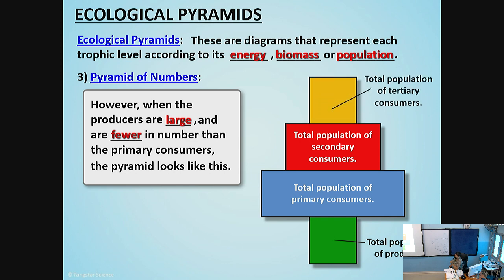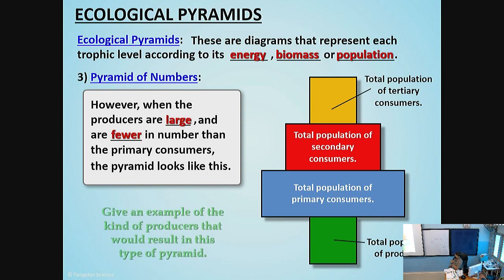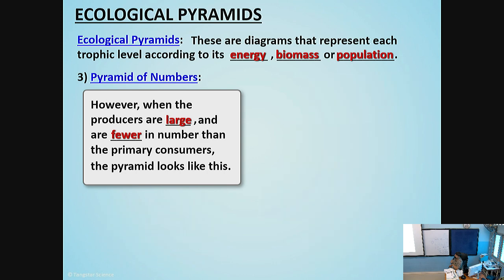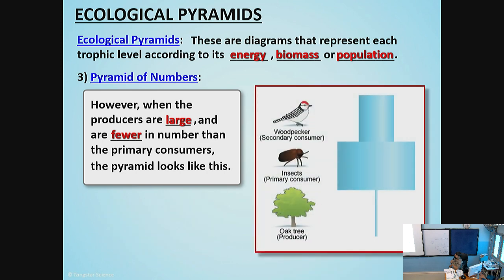It's not the same as it goes up. One example is this one. Again, producers are large but fewer number of primary consumers. So the pyramid looks like this one.